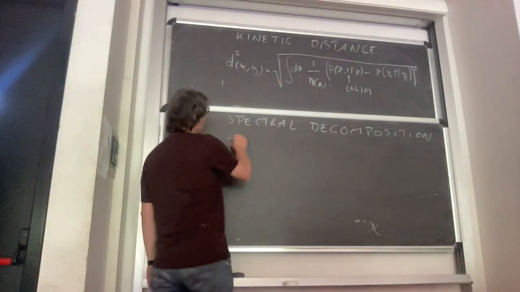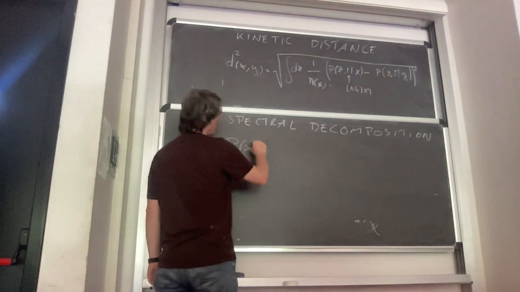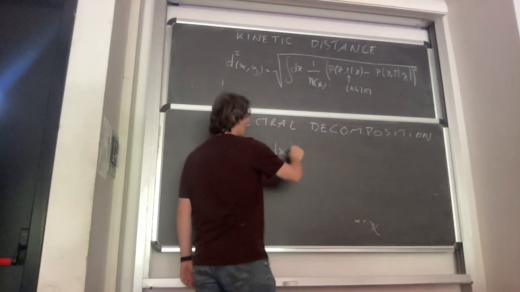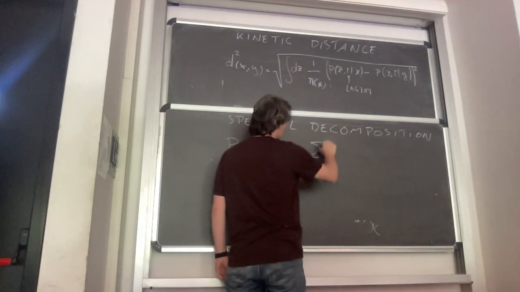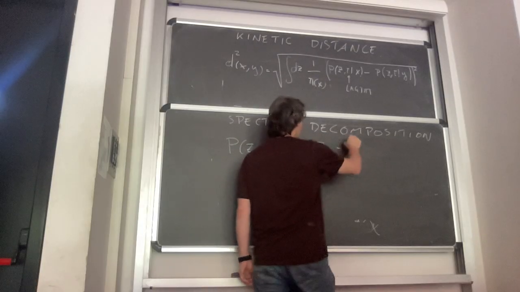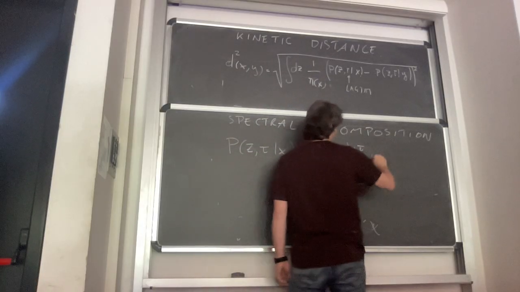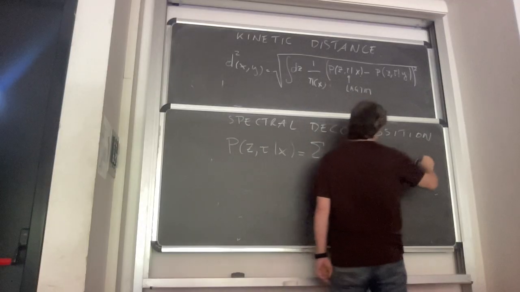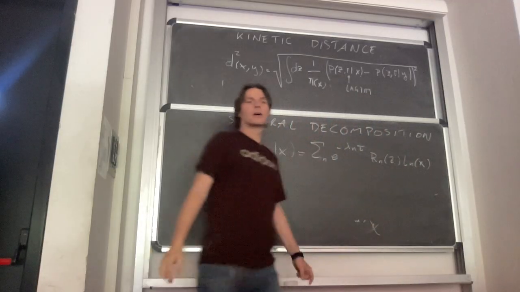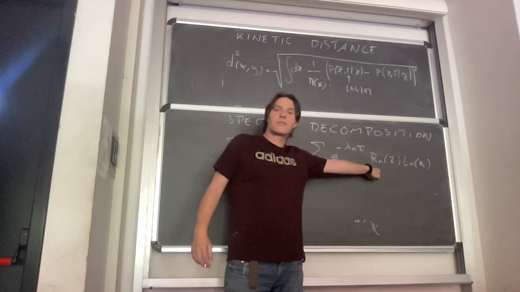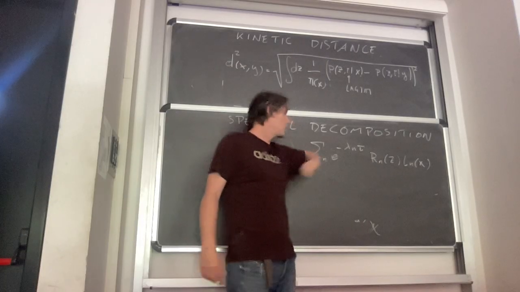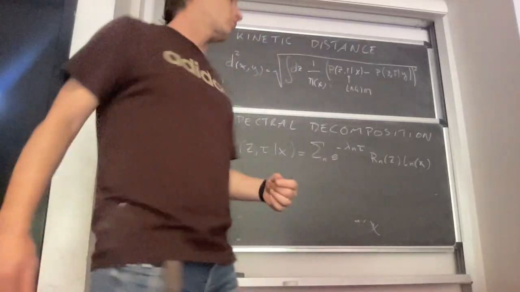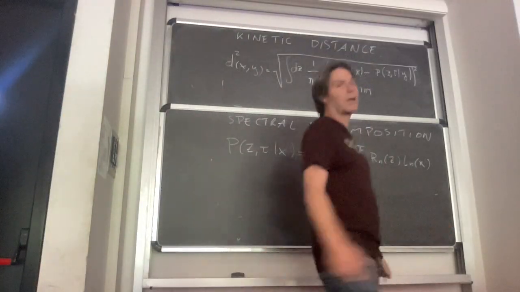The spectral decomposition tells me that this propagator that I'm interested in computing can be written as a sum of e to the negative lambda n tau, right of n z, left of n x. Remember, where r of n are the right eigenstates of the Fokker-Planck equation, and left eigenstates are the eigenstates of the adjoint Fokker-Planck operator, or left eigenstates of the Fokker-Planck operator.